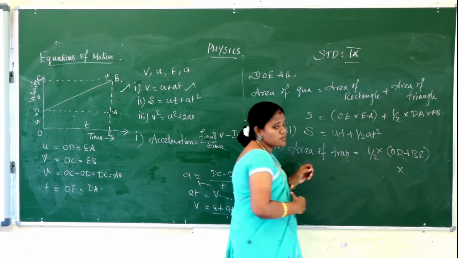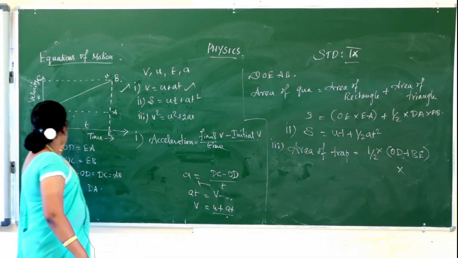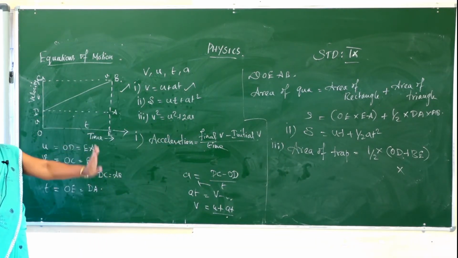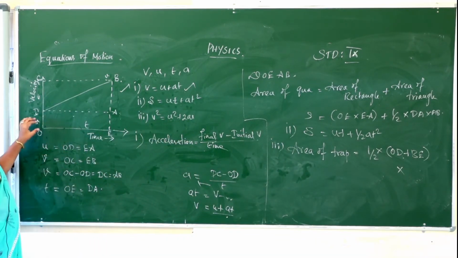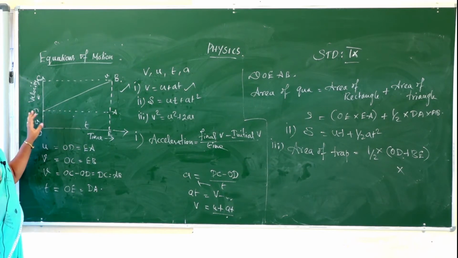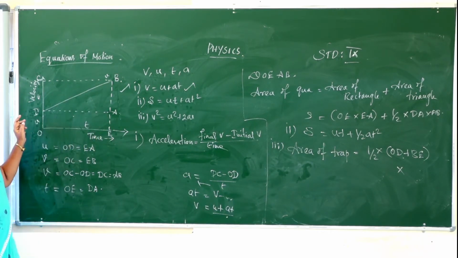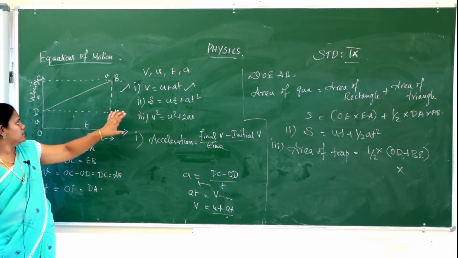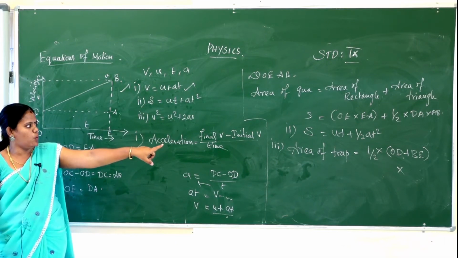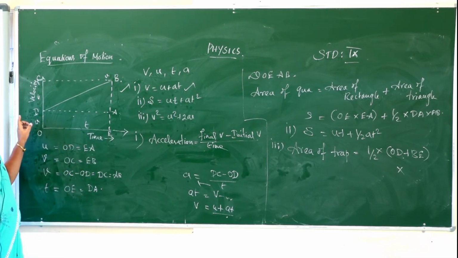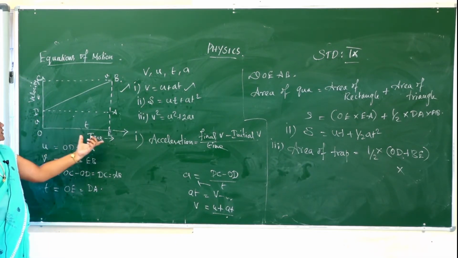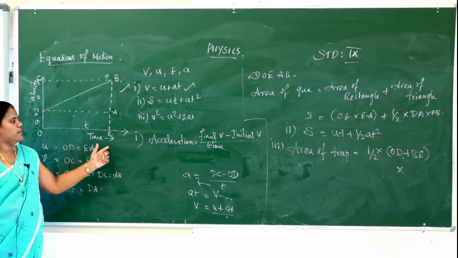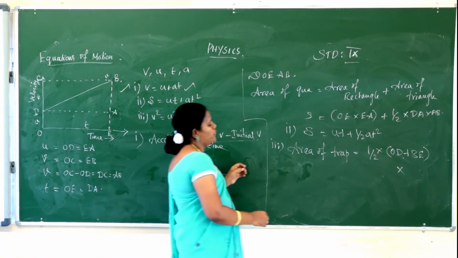So half into OD plus BE, into the distance between the parallel sides, that is OE.